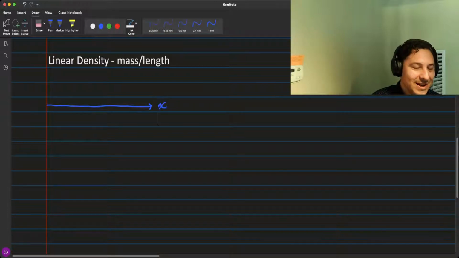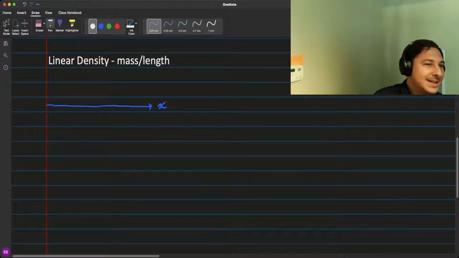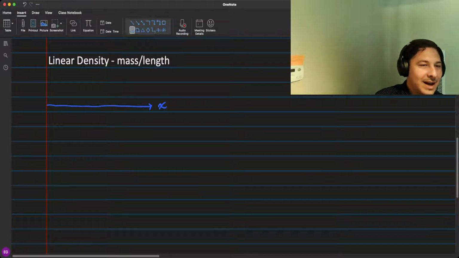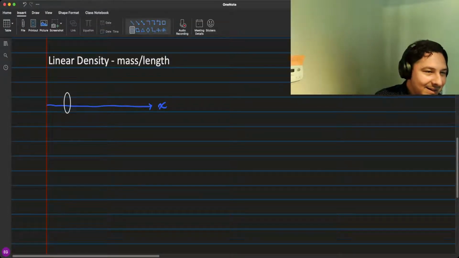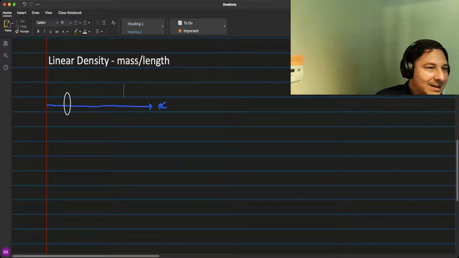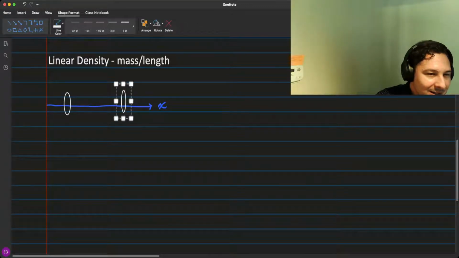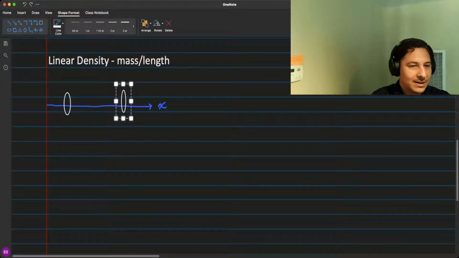So let's say here's your x-axis, and let's say you've got a little rod. Draw in a rod. Okay, that one's not good. I don't like it.